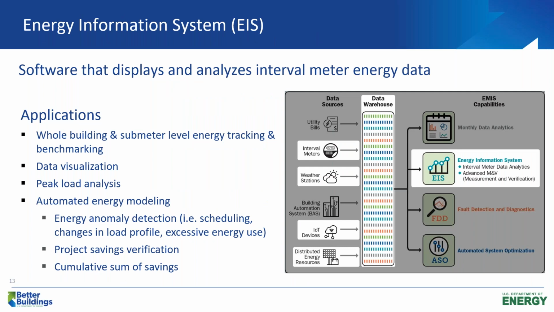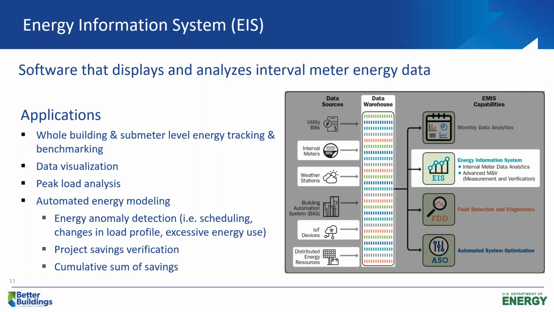And this is where we get into a lot more detail on interval metered energy data. There's always a question of, can I just look at whole building interval meters, or do I also need sub-meters on everything? Most people who have an EIS have end use, so they have fuel-based meters. They have electric, gas, or if they have steam or hot water.